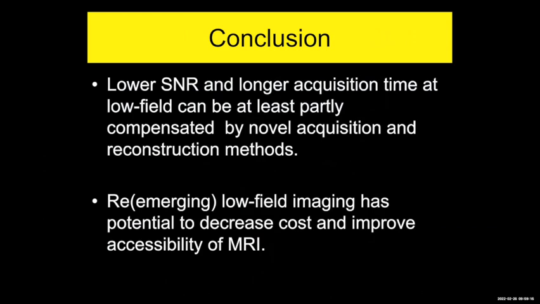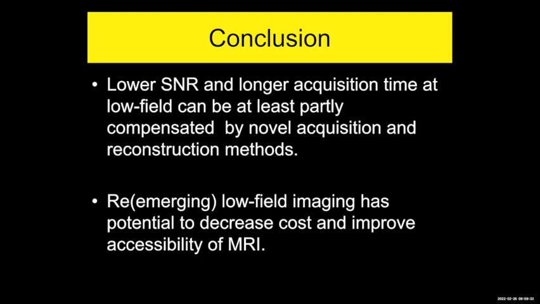So what I've tried to do over the last 20 minutes or so is to briefly talk about the role of novel methods that can allow us to perform imaging at low field with an acquisition time that is acceptable for clinical application.